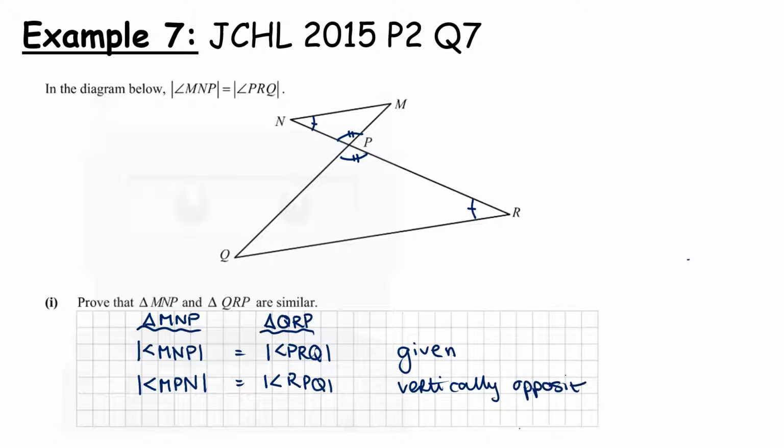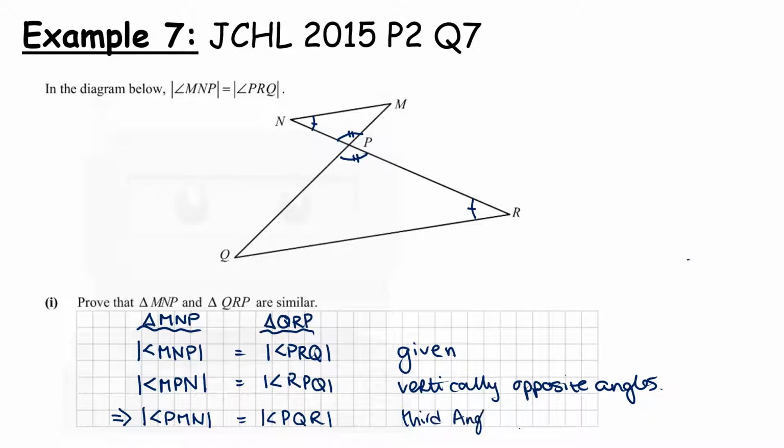Now, I've proven that two angles are the same. In order to prove that something is similar, I need to prove that three angles are the same. Once you've proven two angles, that is actually enough, so I can straight away say that the third angle must be the same. So PMN must be equal to PRQ, and the reason is it's the third angle in the triangle.